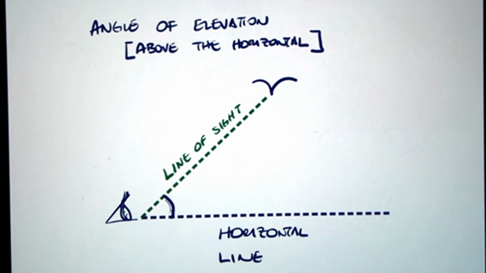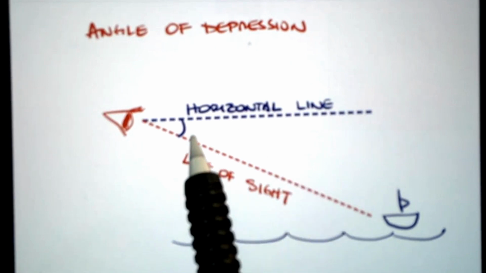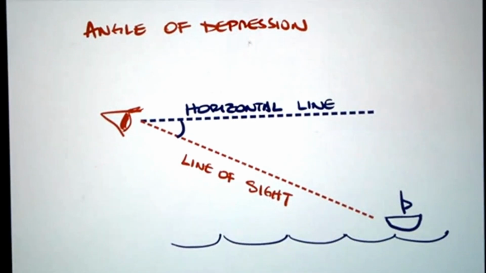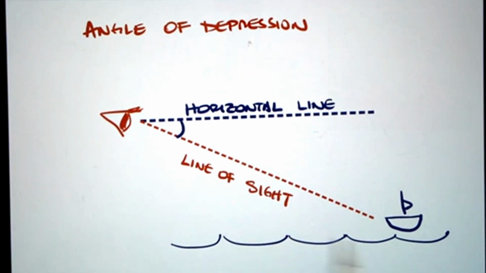Basically, the difference between angle of elevation and angle of depression is that the angle of depression has the same definition, but the line of sight is below the horizontal line. Here the observer is observing a boat.